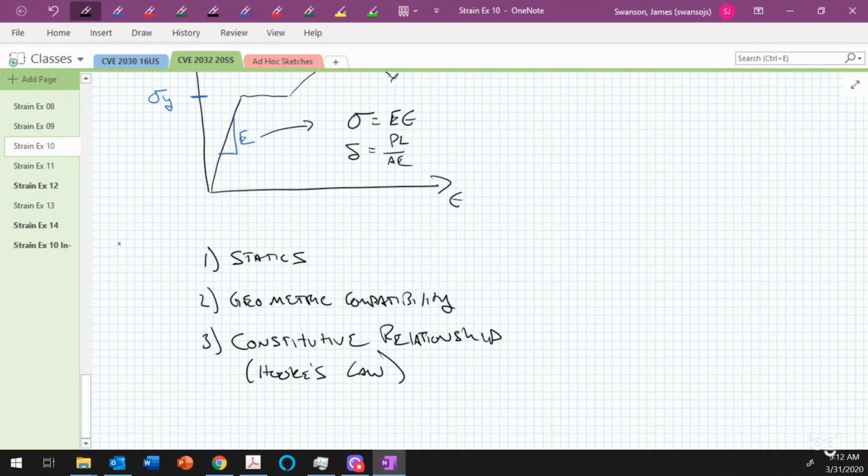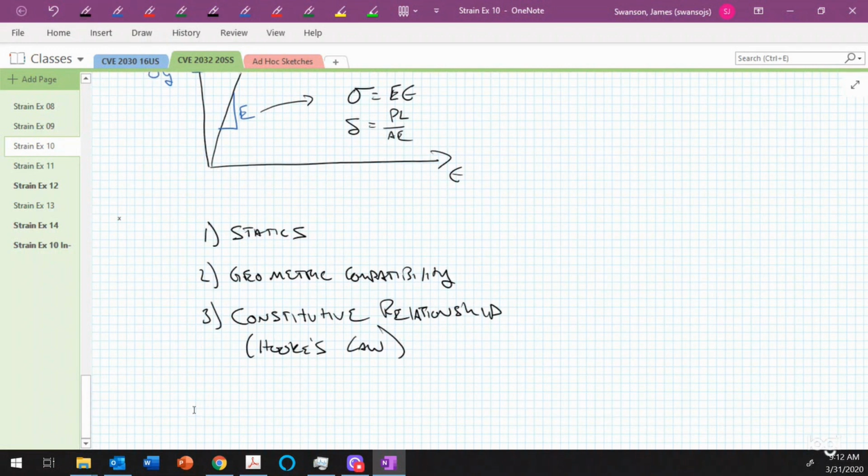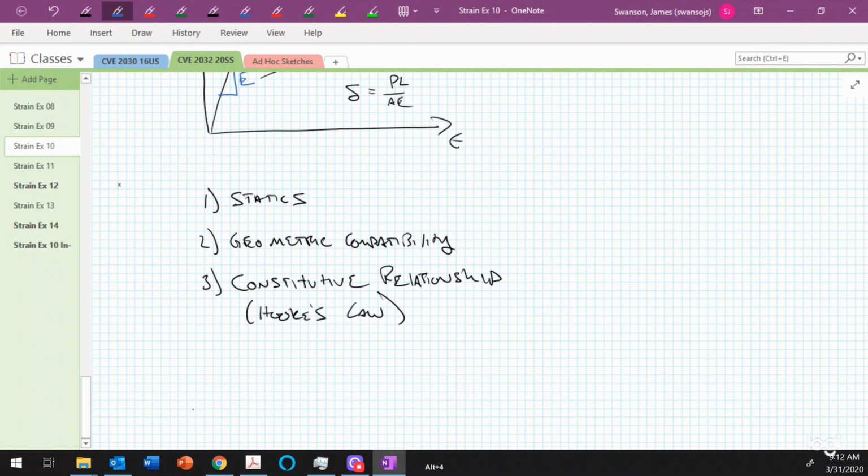So we've used each one of these in the past. We've done a lot of work with statics. We've done some problems where we've used geometric compatibility. We've done some problems where we use constitutive relationships. But the thing that sets these problems apart is that in these problems we have to use all three, and then we usually have to go in at a final step and do some back substitution.